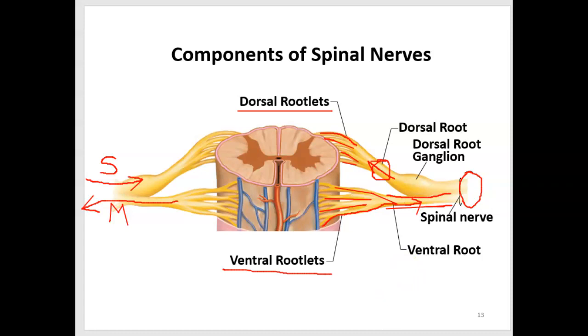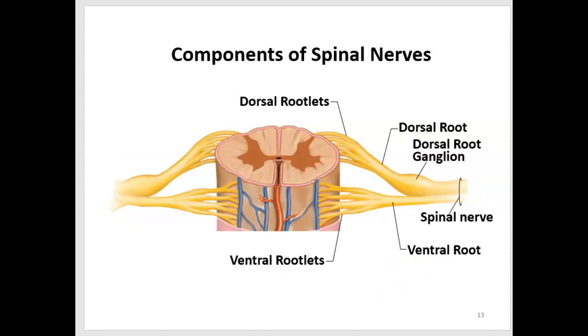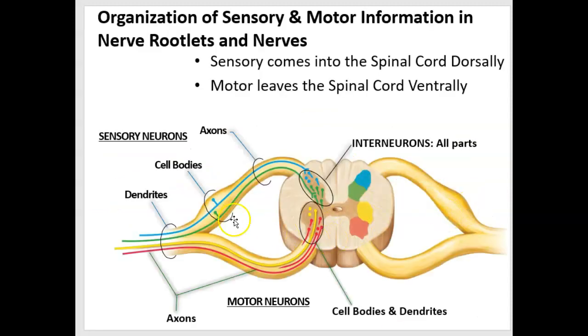So I already alluded to the fact that sensory and motor are divided, or partitioned, if you prefer, between the dorsal side and the ventral side of the spinal cord.